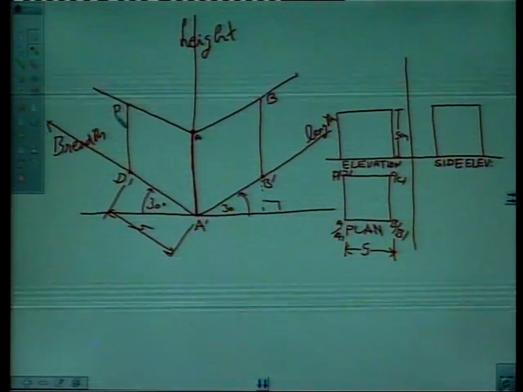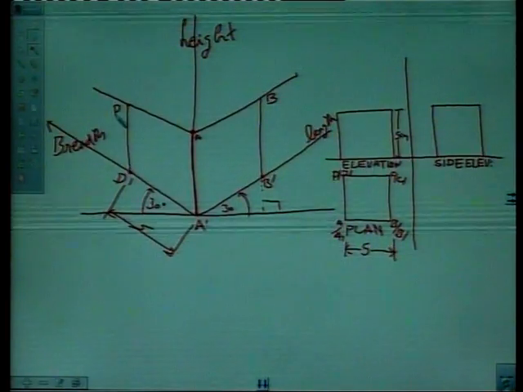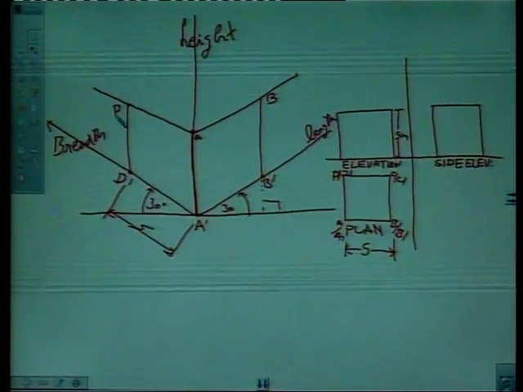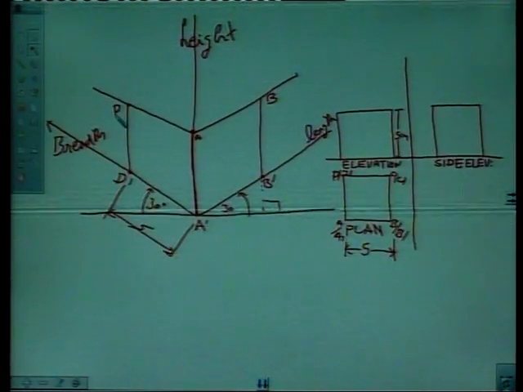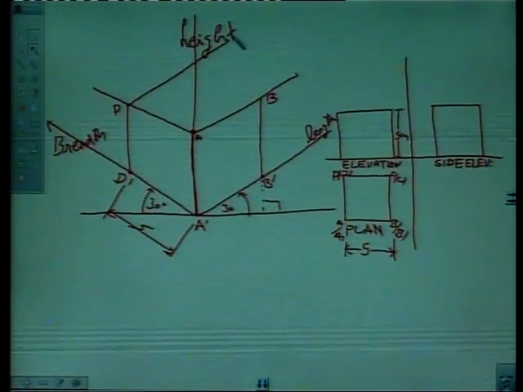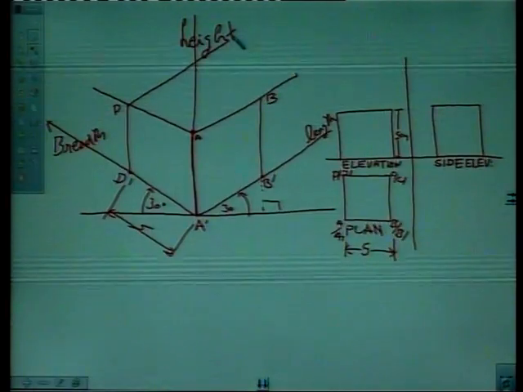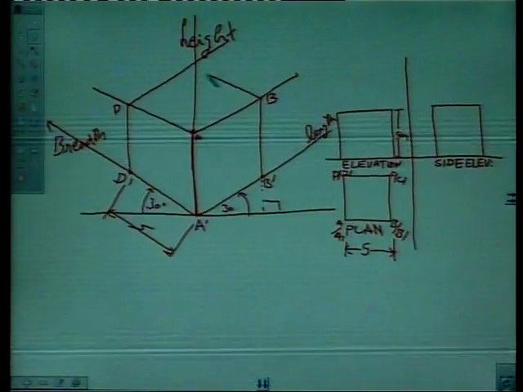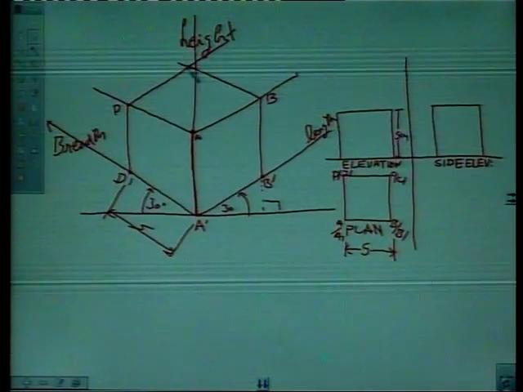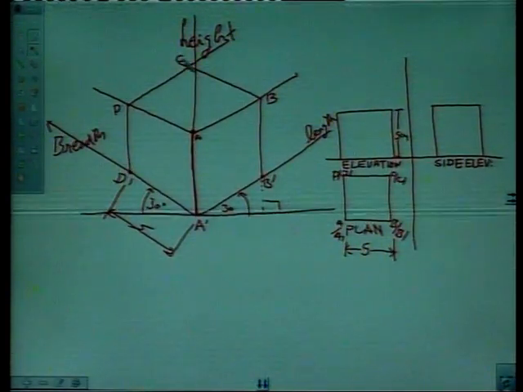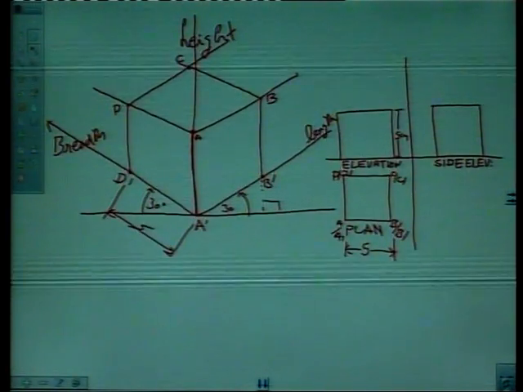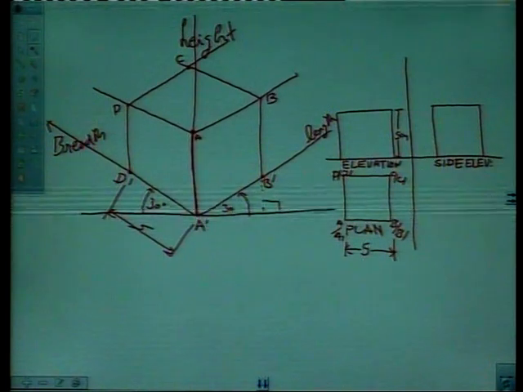Right? Say for locating point C, we will again draw a line parallel to the AB line like this, and draw a line parallel to line AD from point B like this. So we'll here get point C. So in this way we simply complete the isometric drawing of a cube.